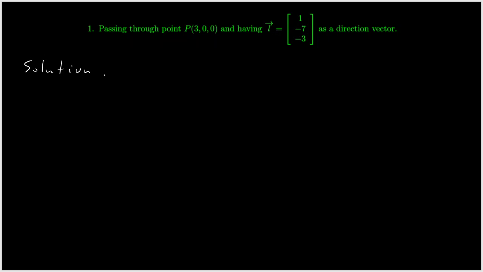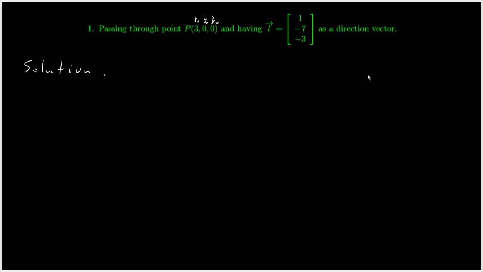We're going to use notations consistent with the notations in the formula. This is a point, and a point has three coordinates. X naught value is 3, y naught value is 0, z naught value is 0.